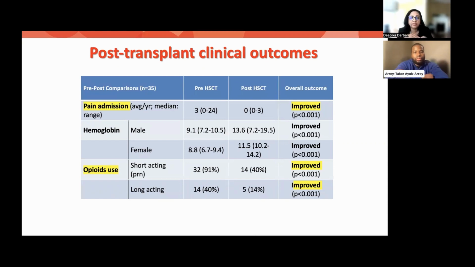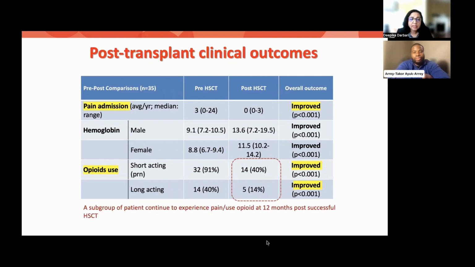So this was a significant reduction. Opioid use, at the second highlighted point below, you can see also went down. Short-acting opioids such as oxycodone, that use had improved significantly, and so had the long-acting ones like MS Contin. That use had gone down significantly, meaning the pain levels had really improved. Next slide, please.